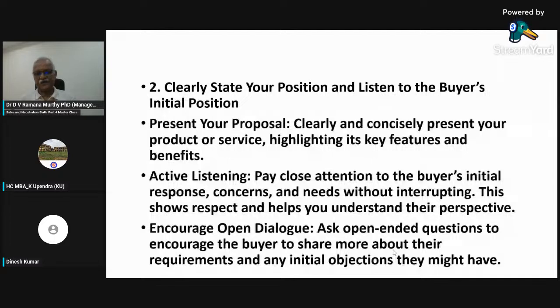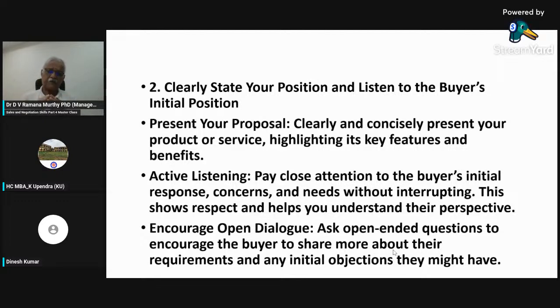Present your proposal, and this proposal must be non-ambiguous, mind it. It should be as clear as possible, concisely presenting your product or service, highlighting its key features and benefits, and what is the advantage for the client. So that's the first presentation of your proposal.